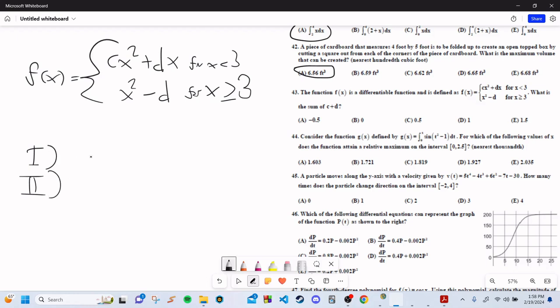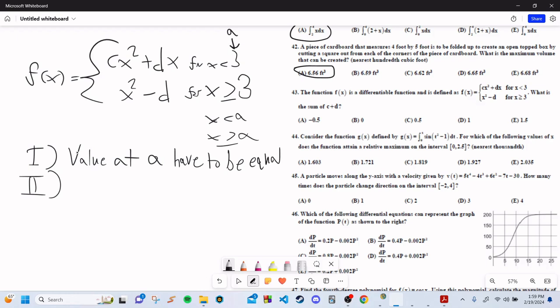So the first thing that needs to be true is that the values at, in this case, if I were to call this value right here a, because usually it's defined as x is less than a and x is greater than or equal to a, so values at a have to be equal.